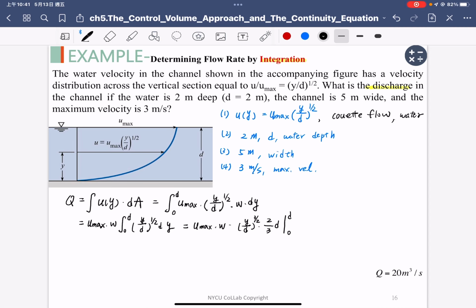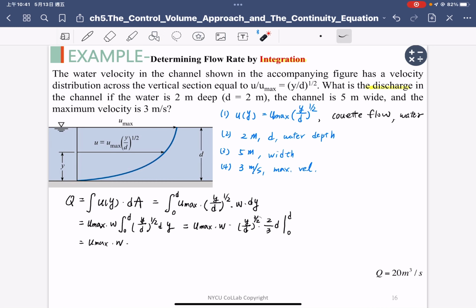Okay, 0 to D. To summarize, we have u maximum and the width, and we put y equal to D, so D divided by D is equal to 1, and 1 to any power is also 1.